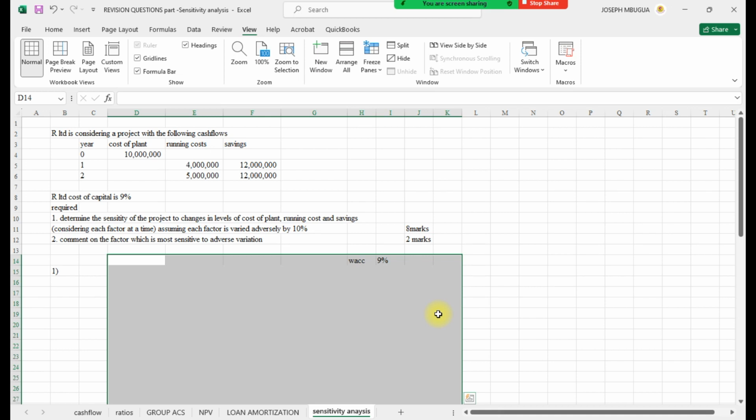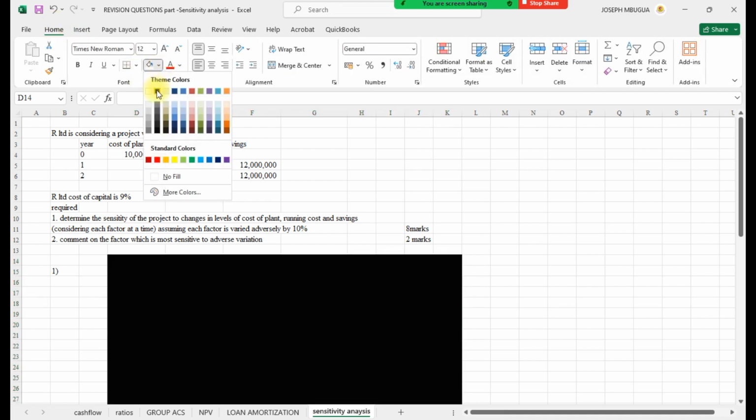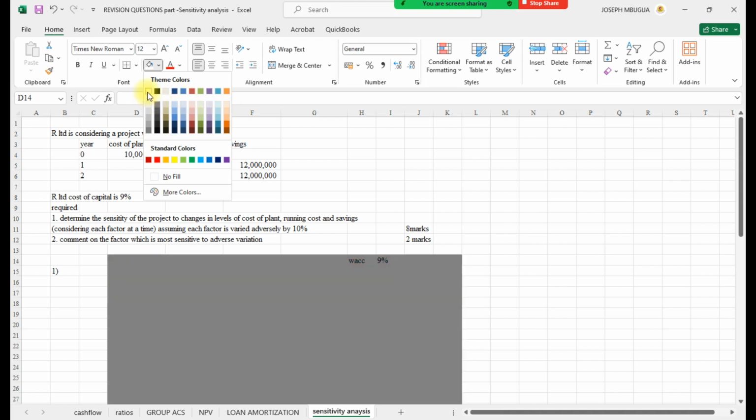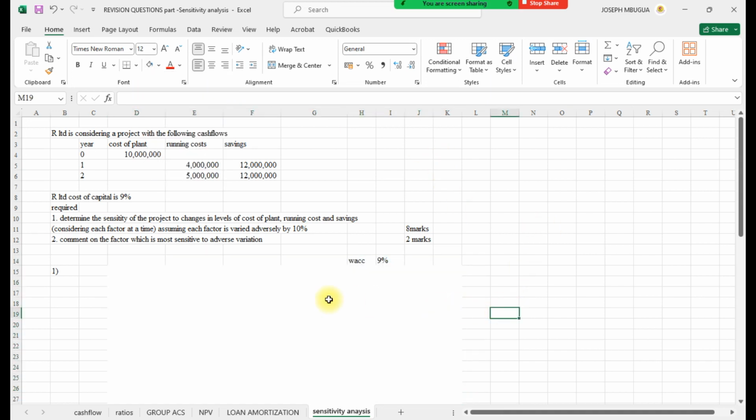The question on sensitivity was under the workbook of revision questions. It was just one of the questions under sensitivity analysis. You'll find that the question was reading, I'll read this: R Limited is considering a project with the following cash flow.